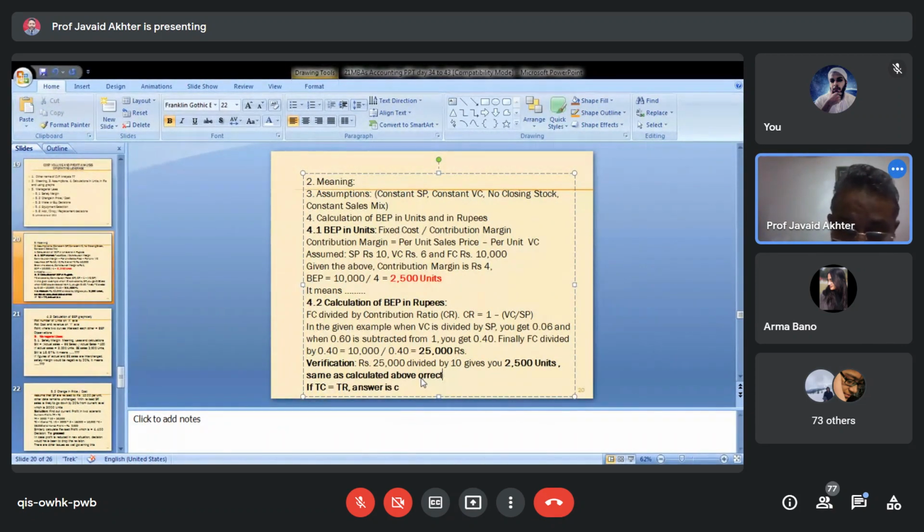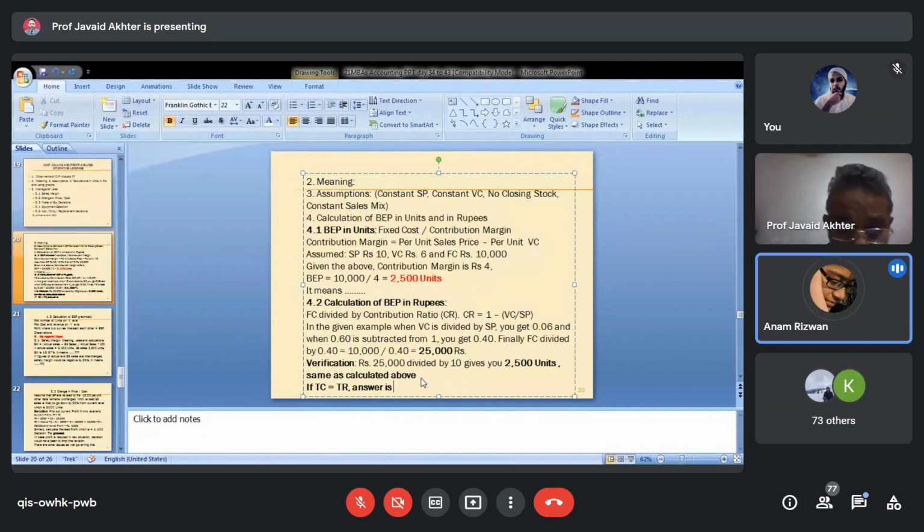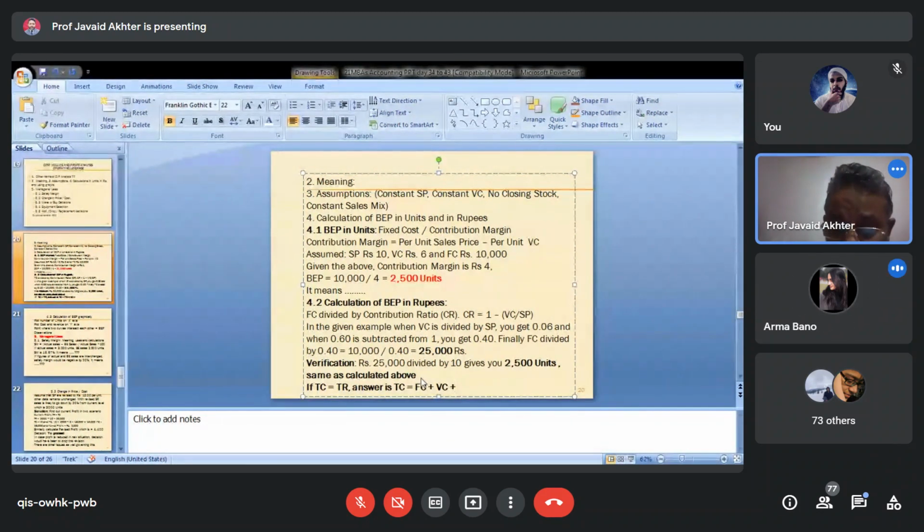Now, what is TC? What is total cost? Total cost is equal to FC plus VC. What is fixed cost? Fixed cost is 10,000.